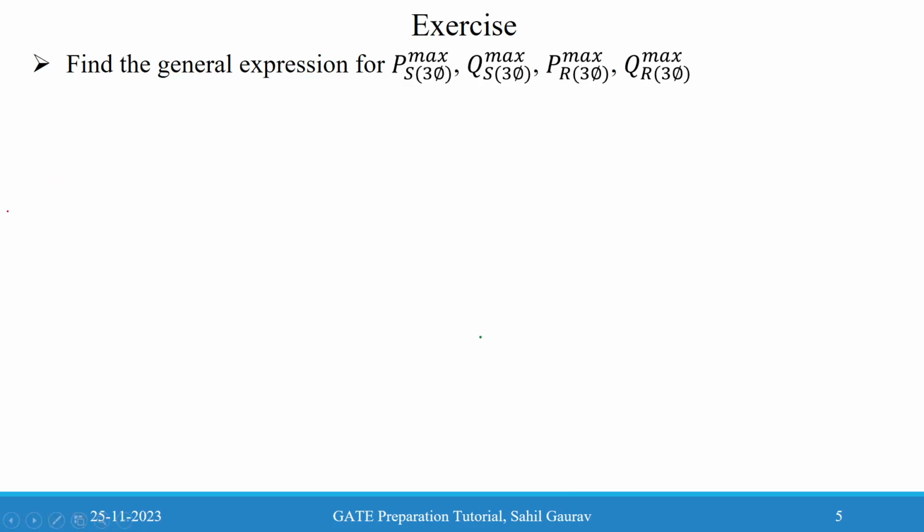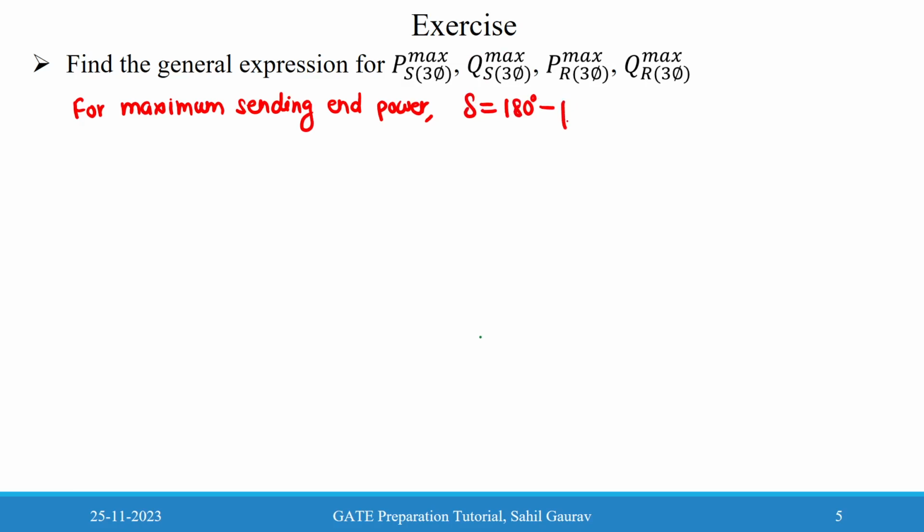For maximum sending end power, the power angle delta will come as 180 degree minus beta.